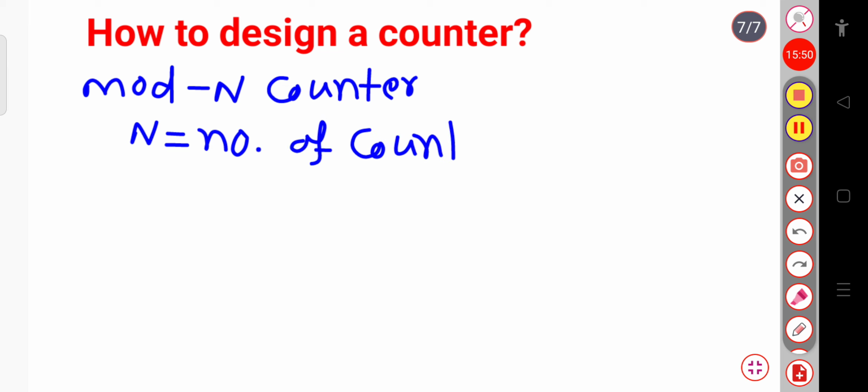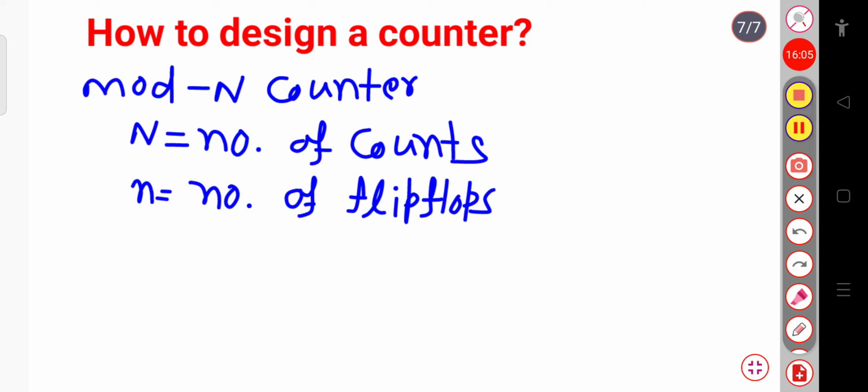And here we know n equal to the number of flip-flops, the number of flip-flops that is used in the counter.